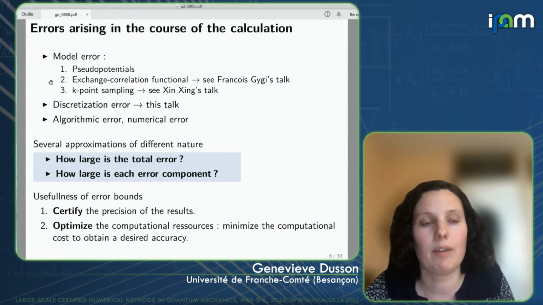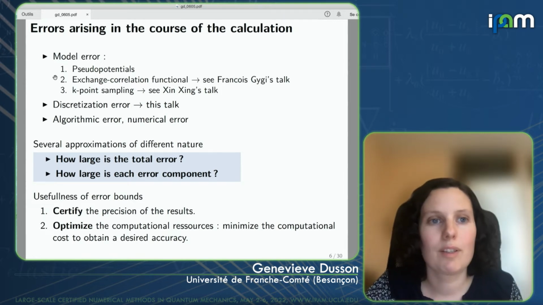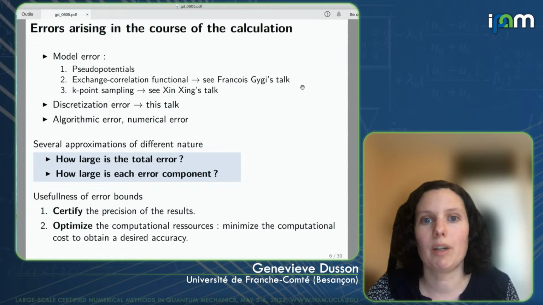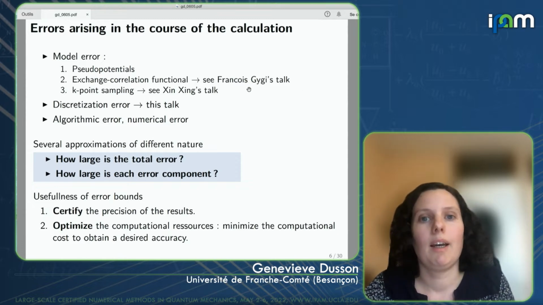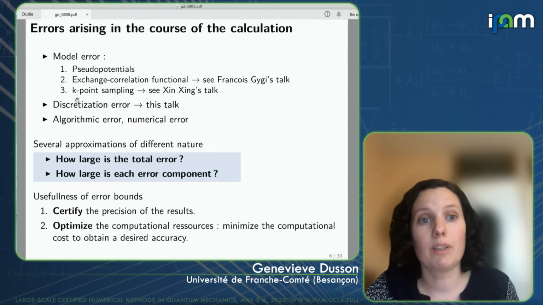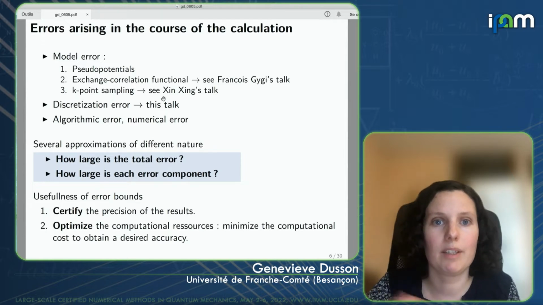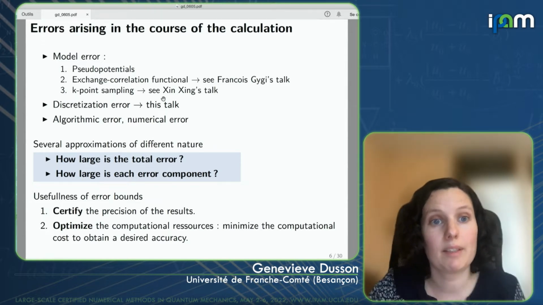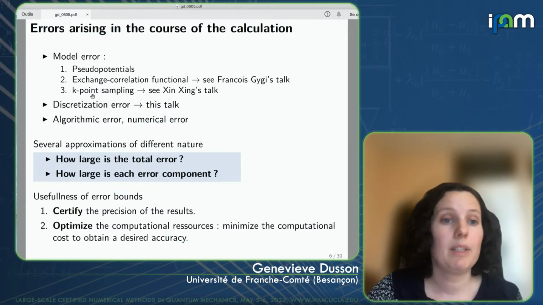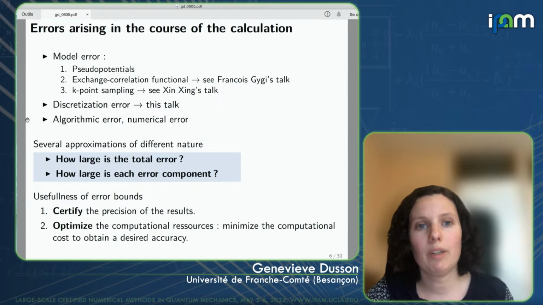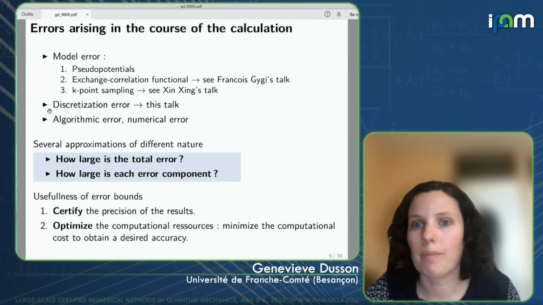Regarding these two points, I strongly recommend you watch François Gigi's talk. Then there is the k-point sampling, and there was a talk by Ting about this at the beginning of the workshop. Then there is the discretization error, which I will talk about during this talk.